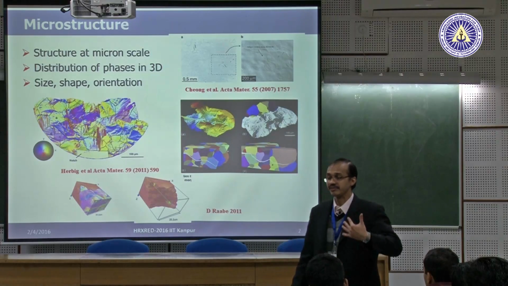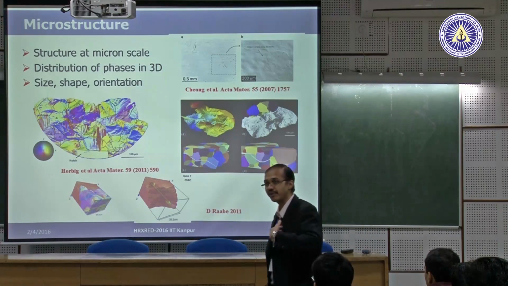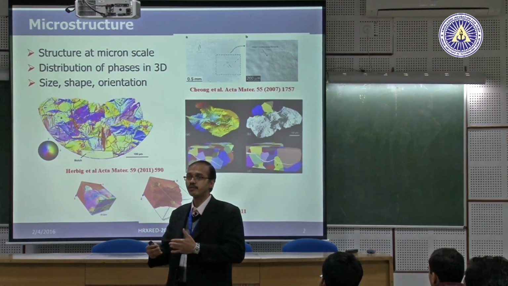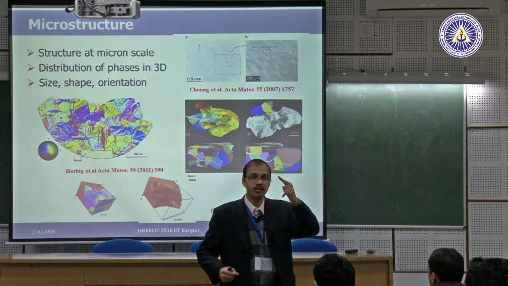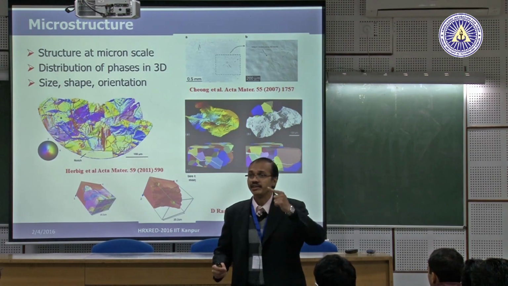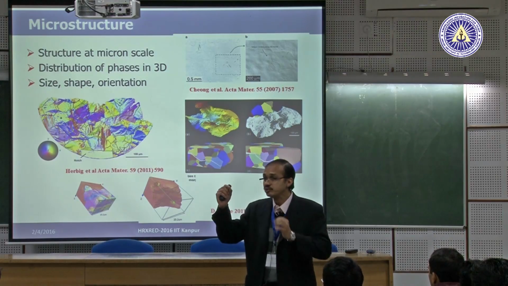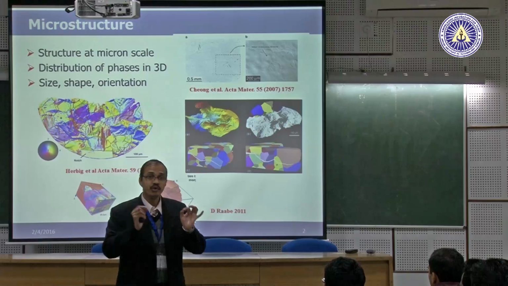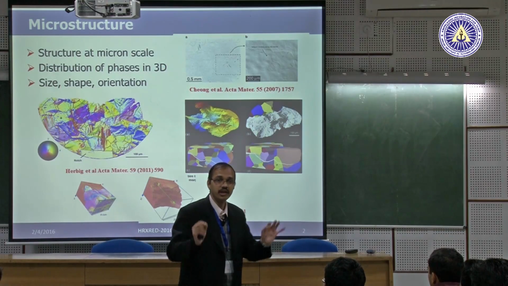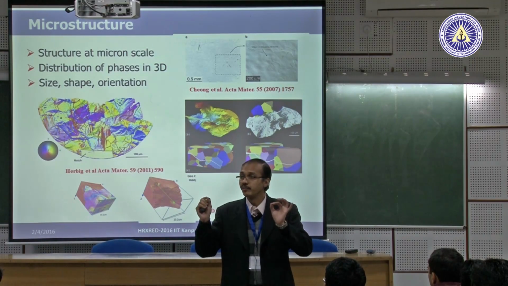And why are we interested in microstructure? If you go back to Professor Biswas's slide, he showed very nicely that in one case you have graphite needles, and in the other case you have globular graphite.